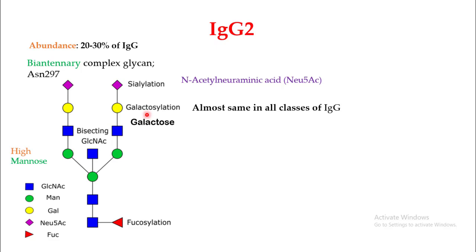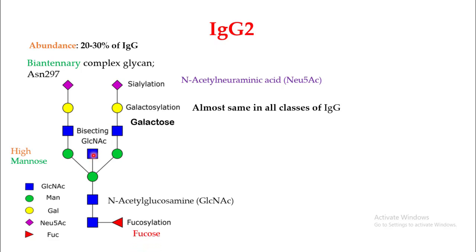Then you have got a very high mannose structure in the immunoglobulin G2. If you compare this with the other subclasses of the immunoglobulin G, in immunoglobulin G2 you are going to see a high mannose structure, and the mannose has been represented by these green balls over here. Then you have got the N-acetyl glucosamine, which has been represented by these blue circles over here.